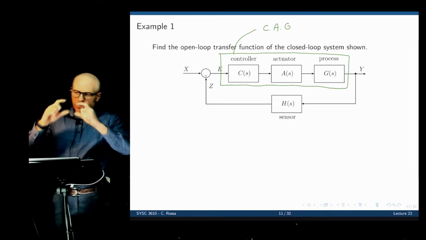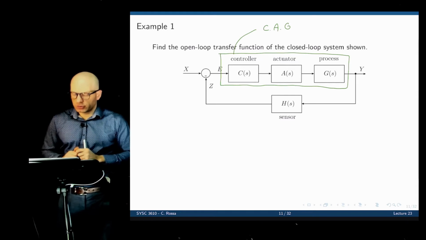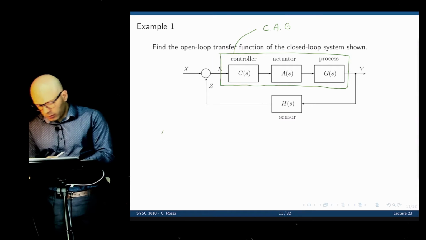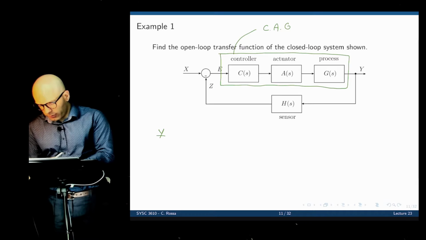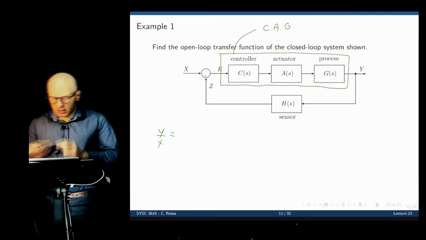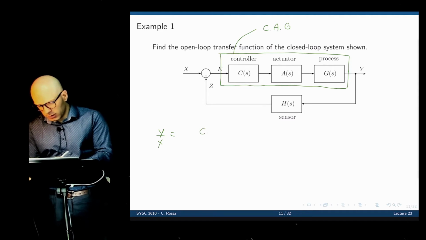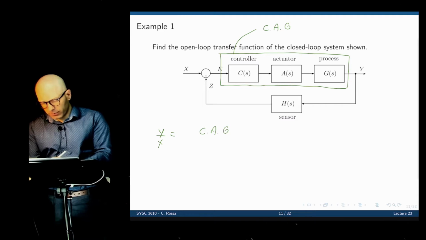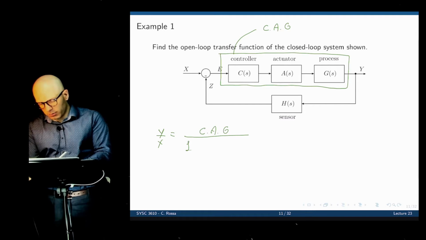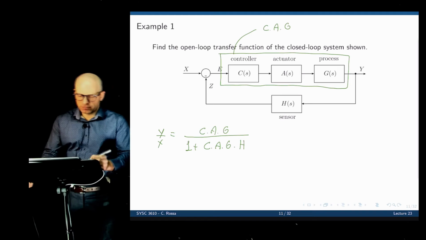And then we have now a line function and a feedback function. Our output y over transfer function y over x is the line function itself, so C times A times G, divided by 1 plus the line function C times A times G times the feedback function H.